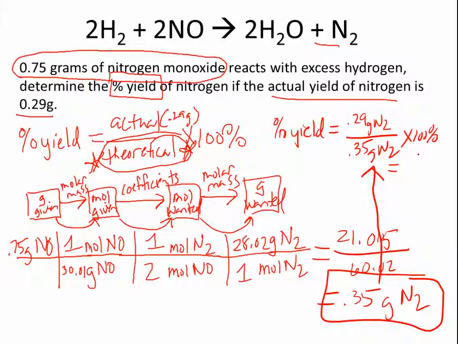And so that equals 0.29 divided by 0.35 times 100 equals 83% yield. So this asks for percent yield. So we needed to find the theoretical yield in grams, and then we use this to find the percent yield for that problem. Thank you.